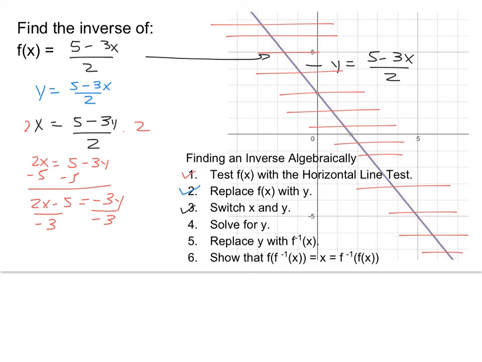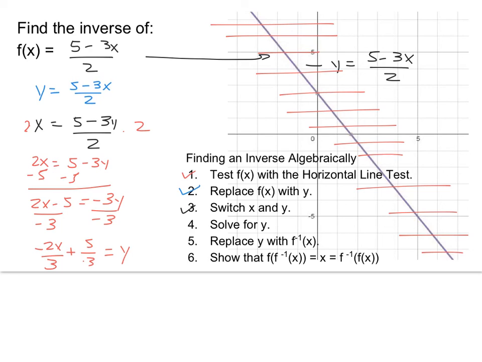And so what I'm left with is negative 2x over 3 minus 5 over negative 3. So my negatives and positives got a little bit mixed up there, so let's rewrite a little bit. A negative divided by a negative is a positive.